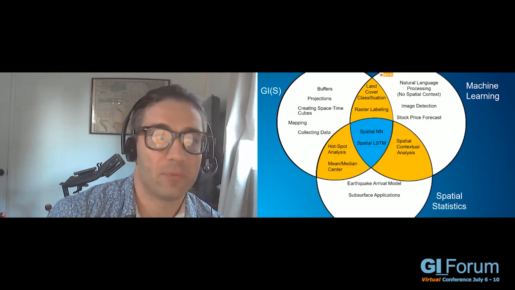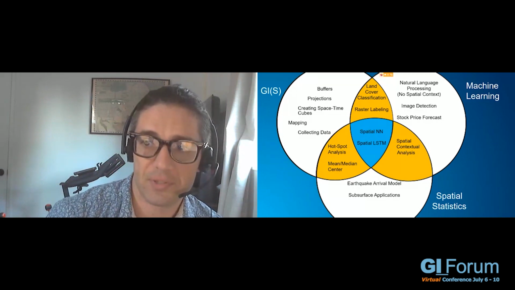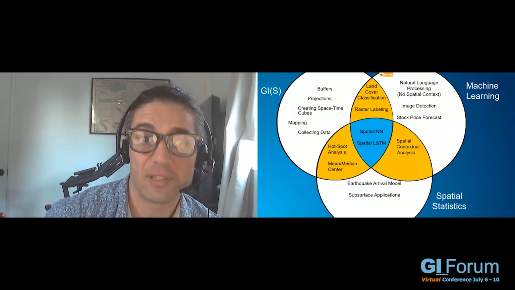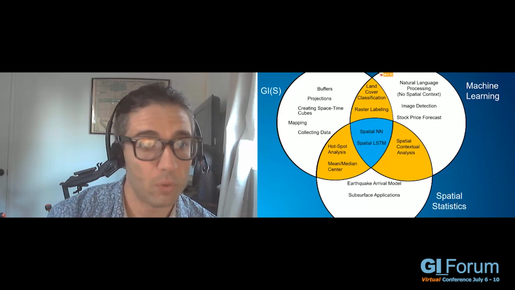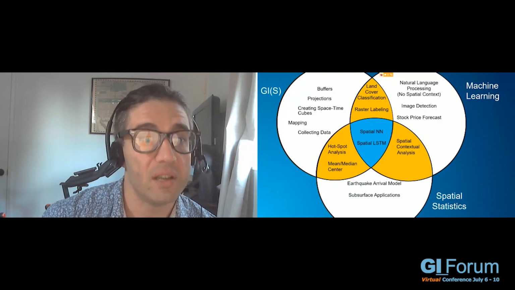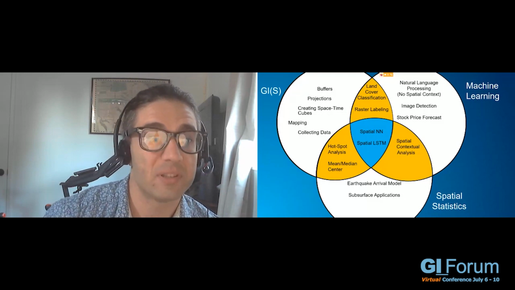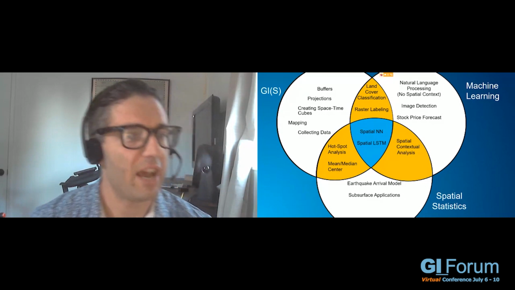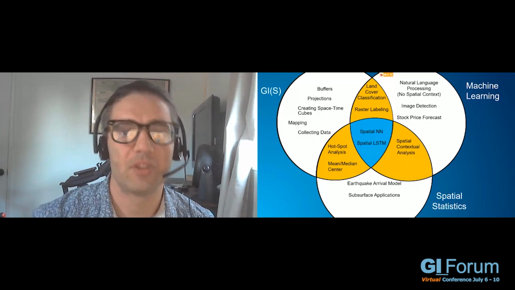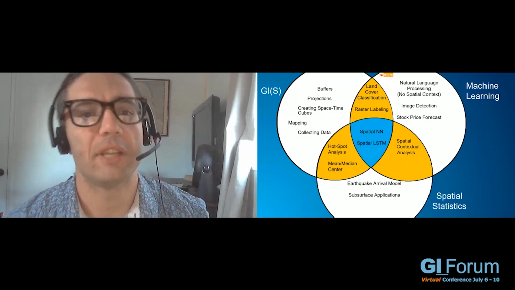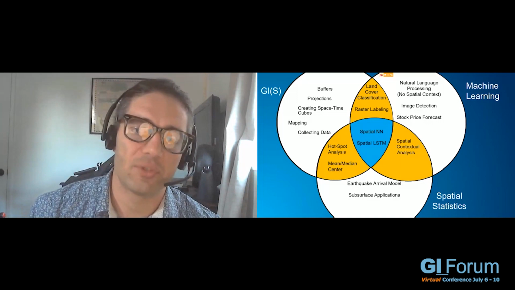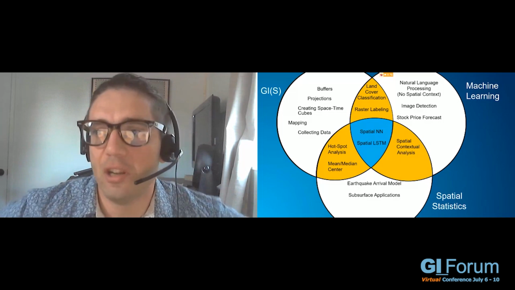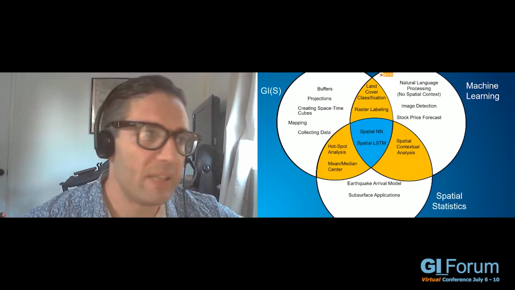Again, spatial neural networks, spatial LSTMs, they are growing in popularity. There is some research being done on these, and this is where really all three of these methods kind of intersect, and space and time are explicitly represented at the algorithm level. And as I mentioned, we have hotspot analysis and other spatial statistical operators applied to spatial data. And we have the intersection of spatial statistics and machine learning under the umbrella of space implicit models.